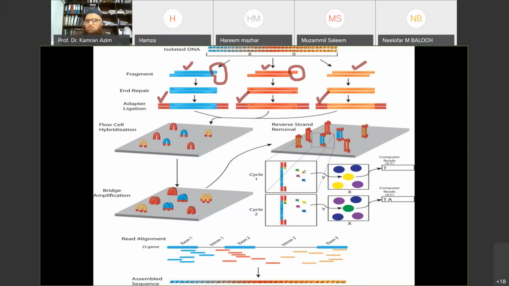Because four different nucleotides emit four different fluorescent signals, the camera can tell us which type of nucleotide is attached at this time. On the basis of the processing of this signal, we can come up with the sequence of the DNA molecule attached on the chip.